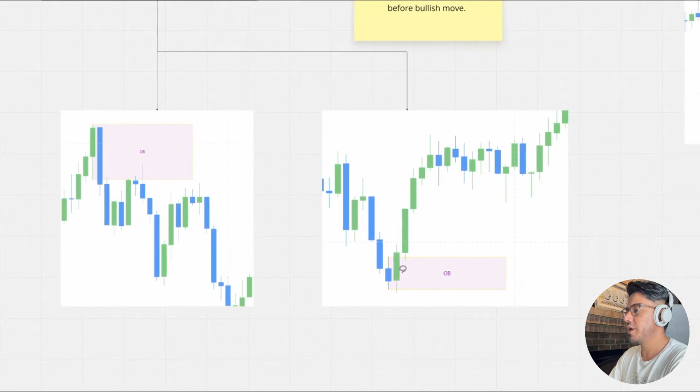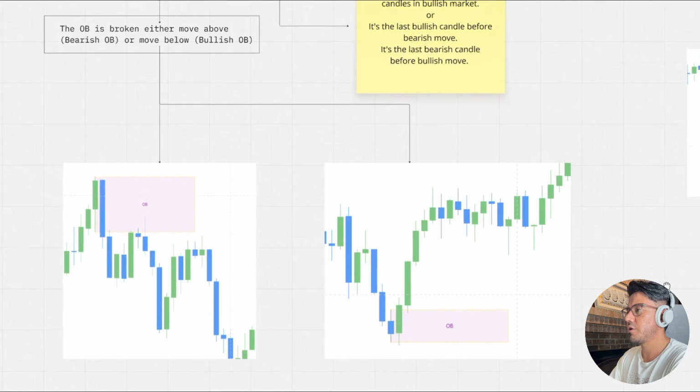In the bullish sense, we have another order block: the last bearish candle before the first bullish candle. It is called the order block.